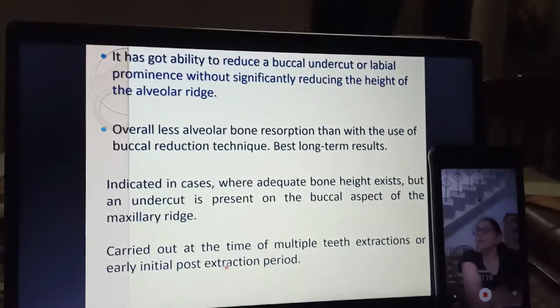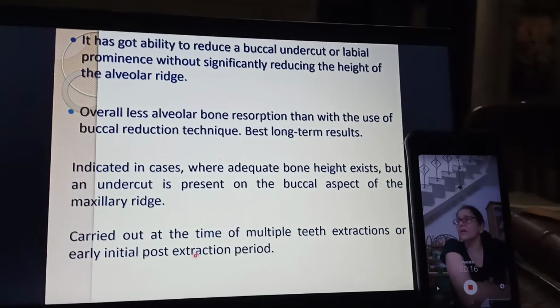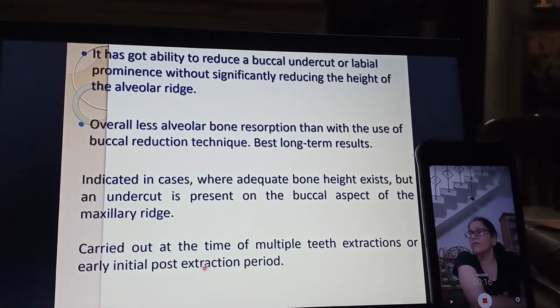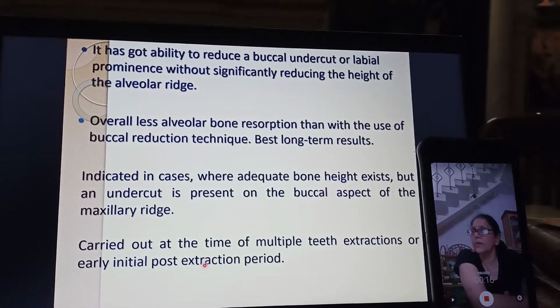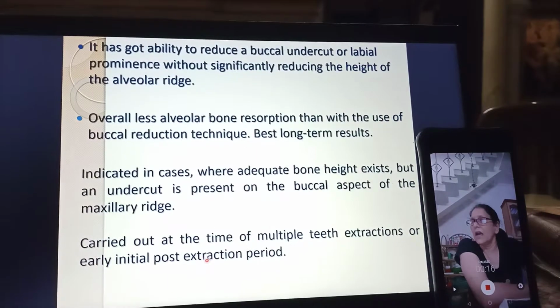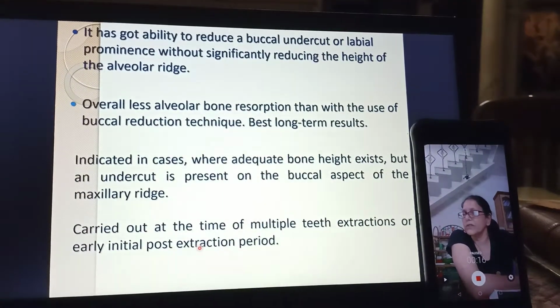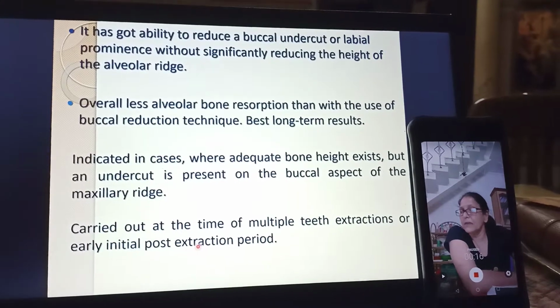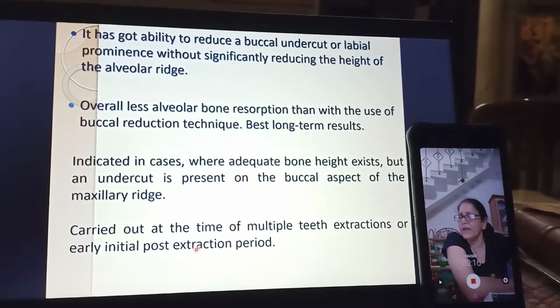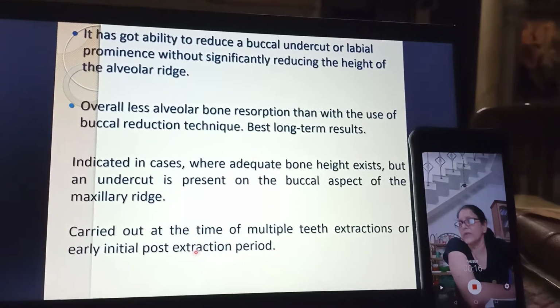It has the ability to reduce the buccal undercut or the labial prominence without significantly reducing the height of the alveolar ridge. So it maintains the height, and it reduces the bony obliteration, carried out at the time of multiple teeth extraction or very early post-extraction period.